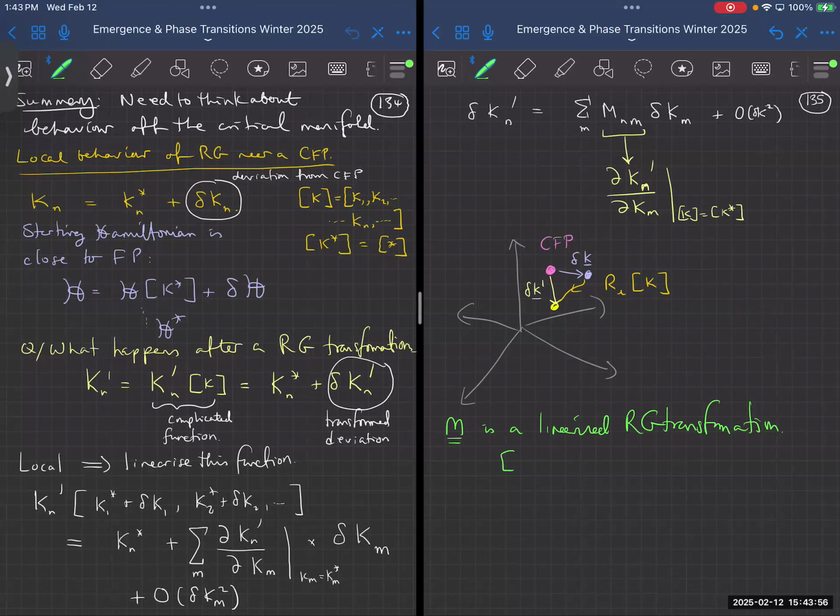So when I write down K prime is R_L acting on K, then this is a nonlinear function. And what we've done is we've linearized this.